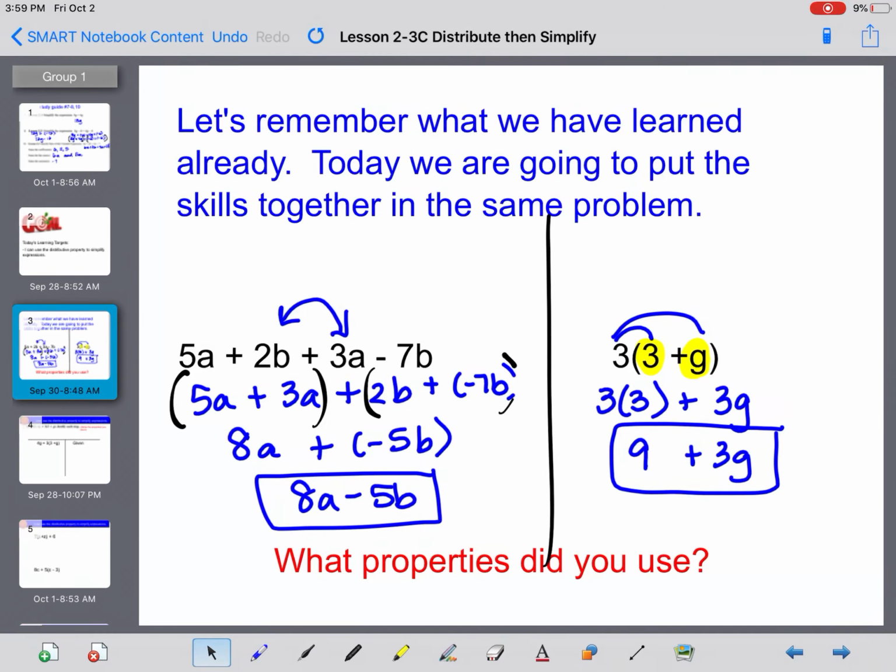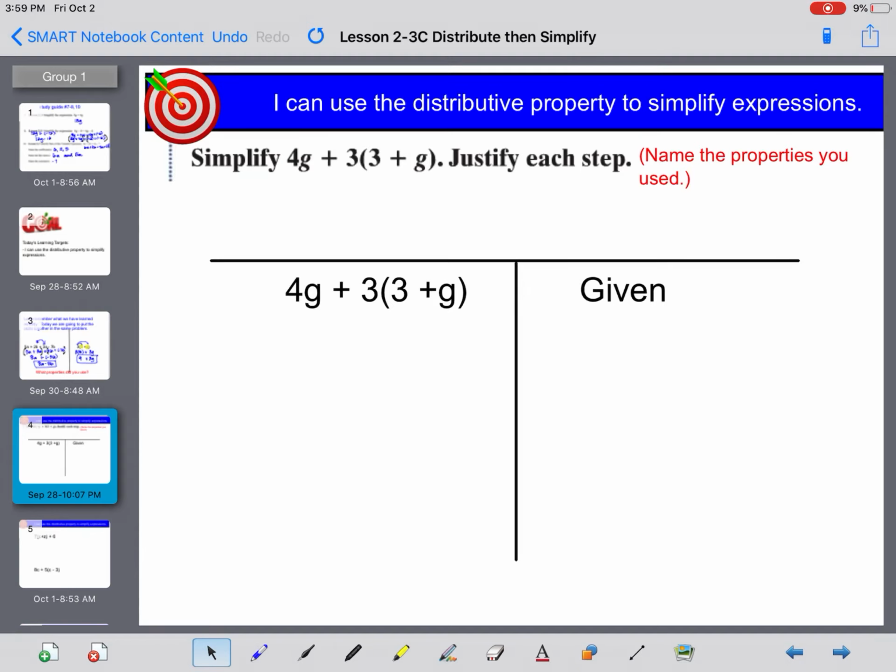Now we're going to take these two skills and put them together. So we're going to simplify 4g plus 3 times 3 plus g. Now, in order to do that, I need to do the distributive property first.